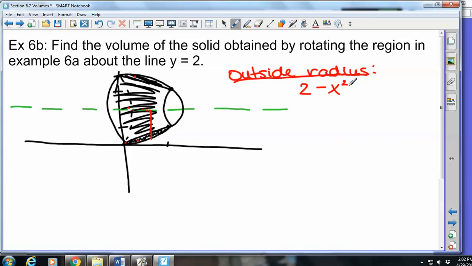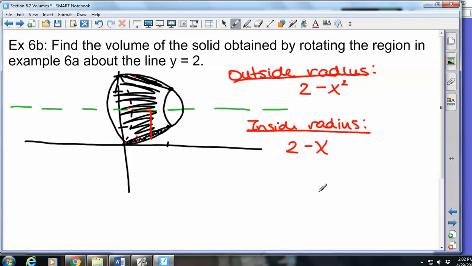So the outside radius is 2 minus x squared. The inside radius is also centered at 2, so it's 2 minus. The inside one only has to go to x, so the inside radius is 2 minus x.